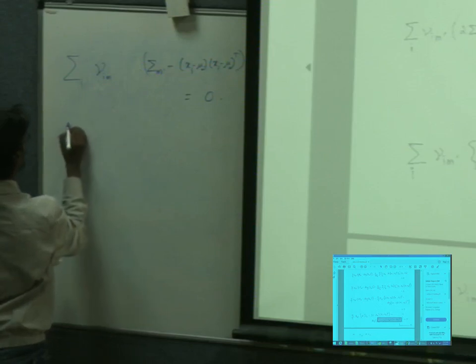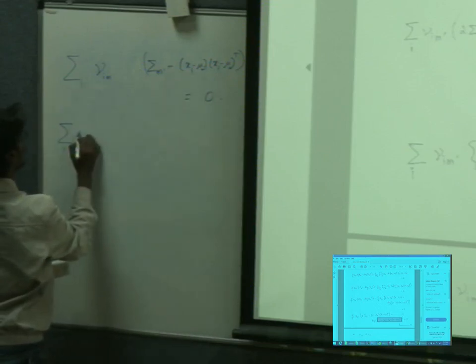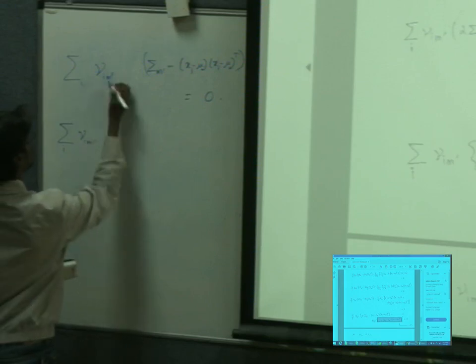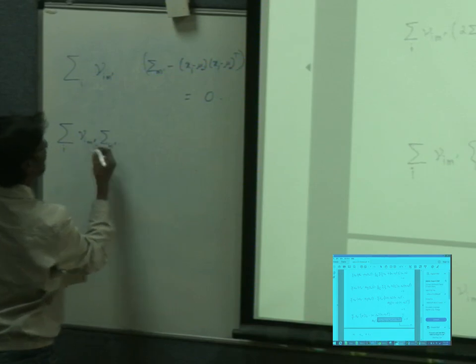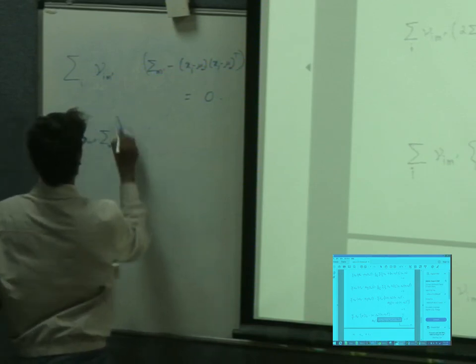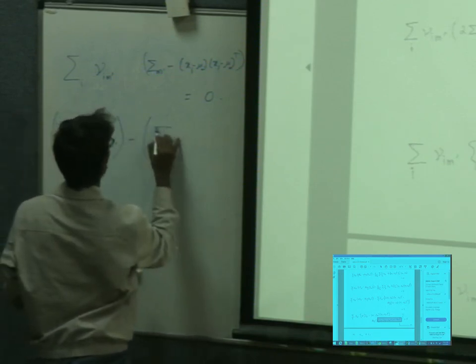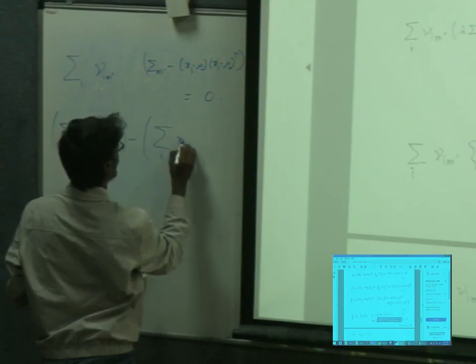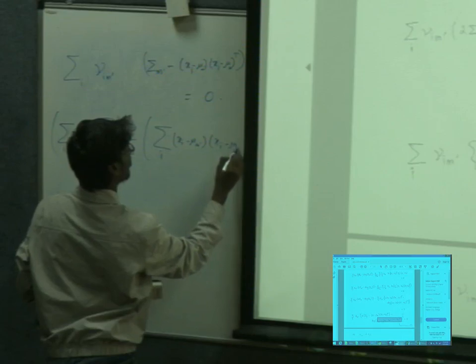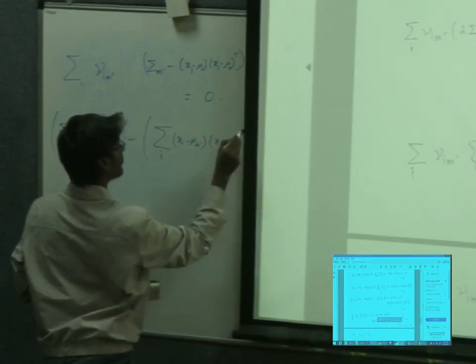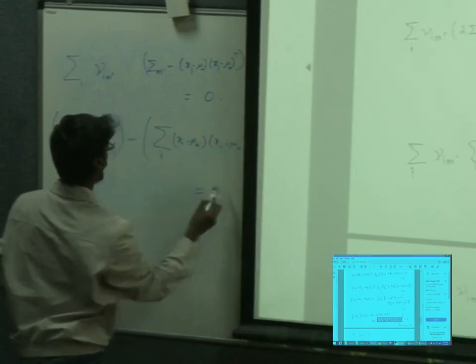So what we do is we take this sum and spread the sum within the terms. Minus this is one term, x_i minus mu m, x_i minus mu m transpose equal to 0.